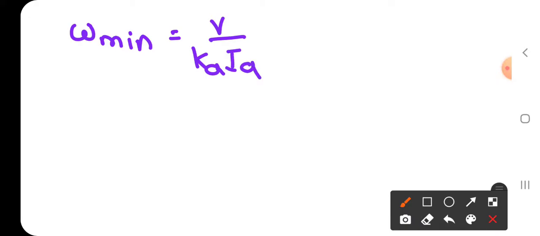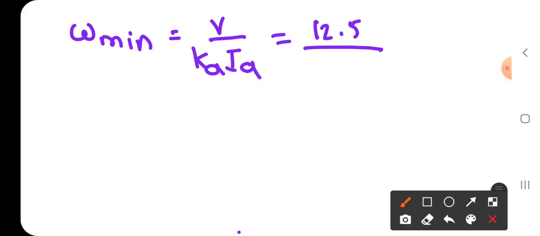Therefore, omega min is equal to V by Ka into phi, in the place of phi I can write Ia. So how much is this value? 12.5 over 15.27 millivolts.